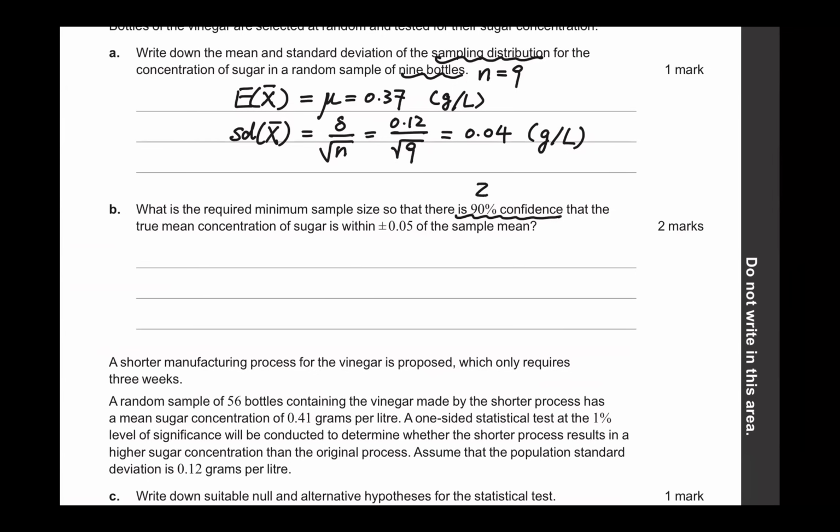Okay, what is the required minimum sample size so that there is a 90% confidence level? Let's say Z equals to 1.6448, dot, dot. The true mean concentration of sugar is within plus or minus 0.05 of the sample mean. So we would like the margin of error.